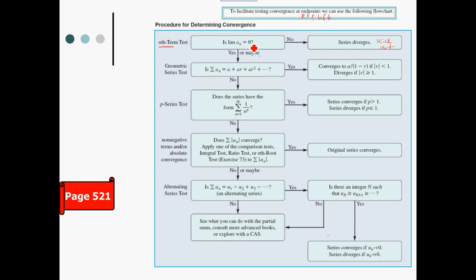If your terms do go to 0, you go down here and ask, am I geometric? If it's geometric, I look at my common ratio R, and it converges as long as the absolute value of R is strictly less than 1. If it's not geometric, is it a p-series? I'm interested in convergence, so I'm looking for where p is greater than 1.